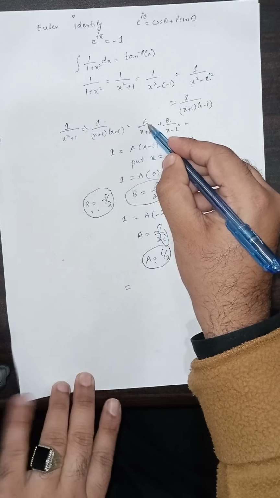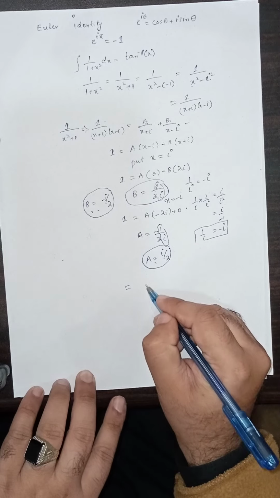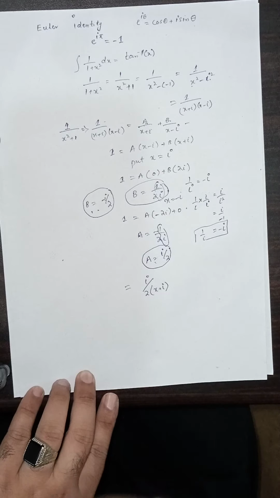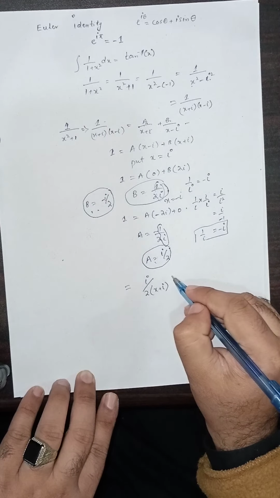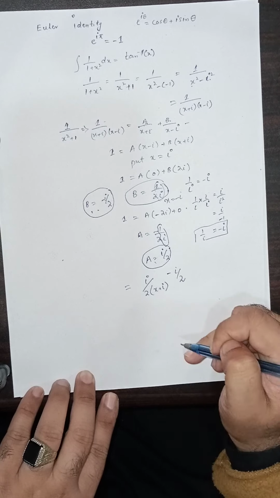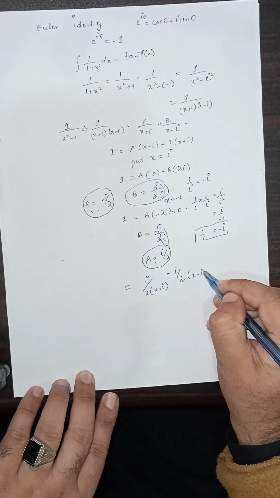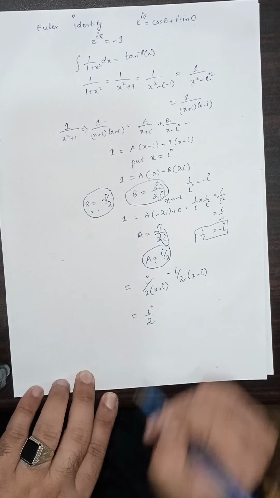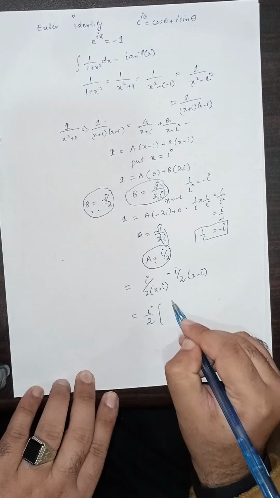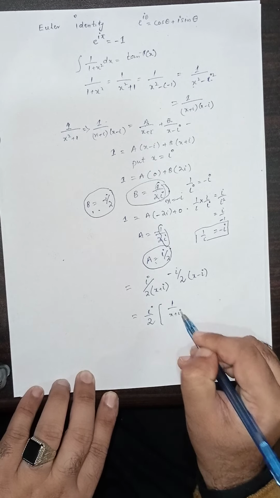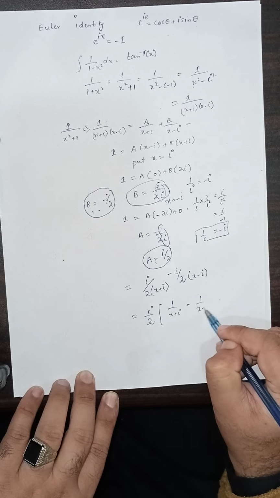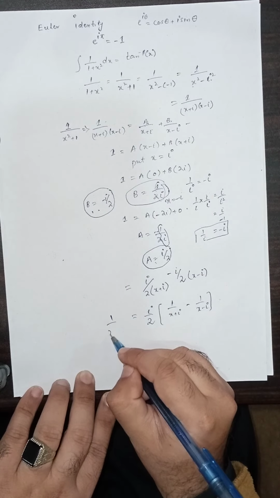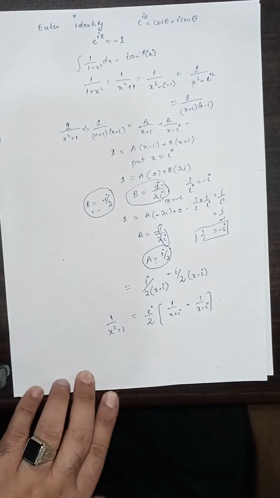So it is equal to i divided by 2 into (x + i), minus i divided by 2 into (x − i), which is equal to i divided by 2 times [1 over (x + i) minus 1 over (x − i)]. This is equal to 1 over x² + 1.